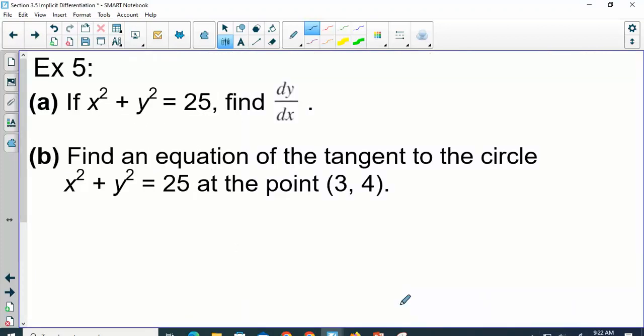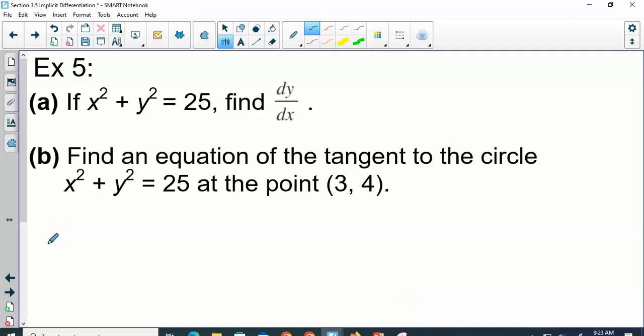So this is one where you could solve for y first, but I don't know that it's actually going to make things easier, because you'll end up with a square root and you'll have to do the chain rule within that, and so it's not necessarily saving us time, just a way of rewriting it.